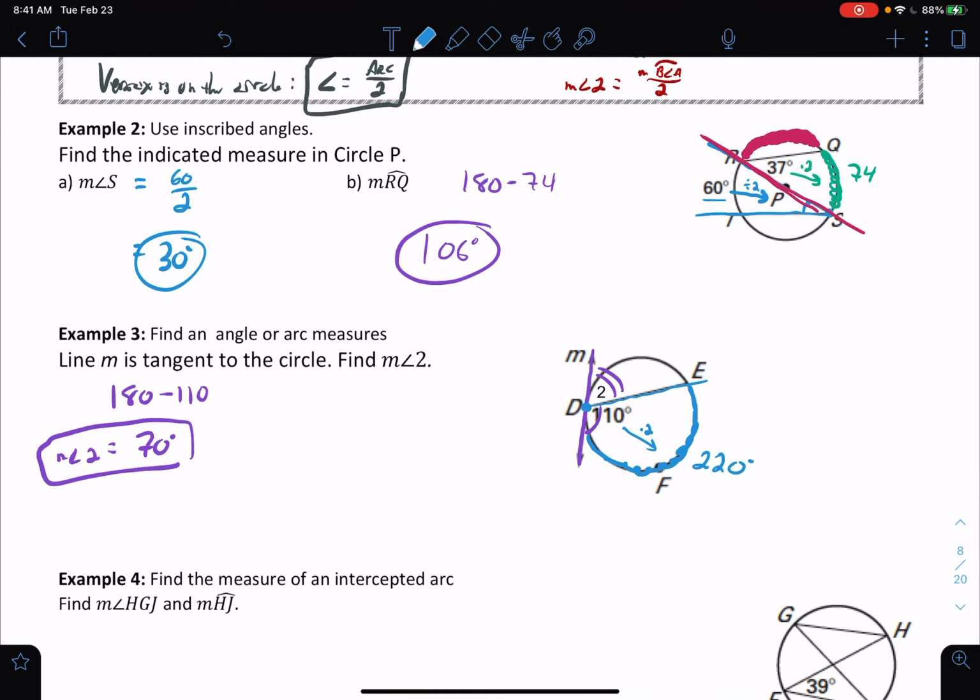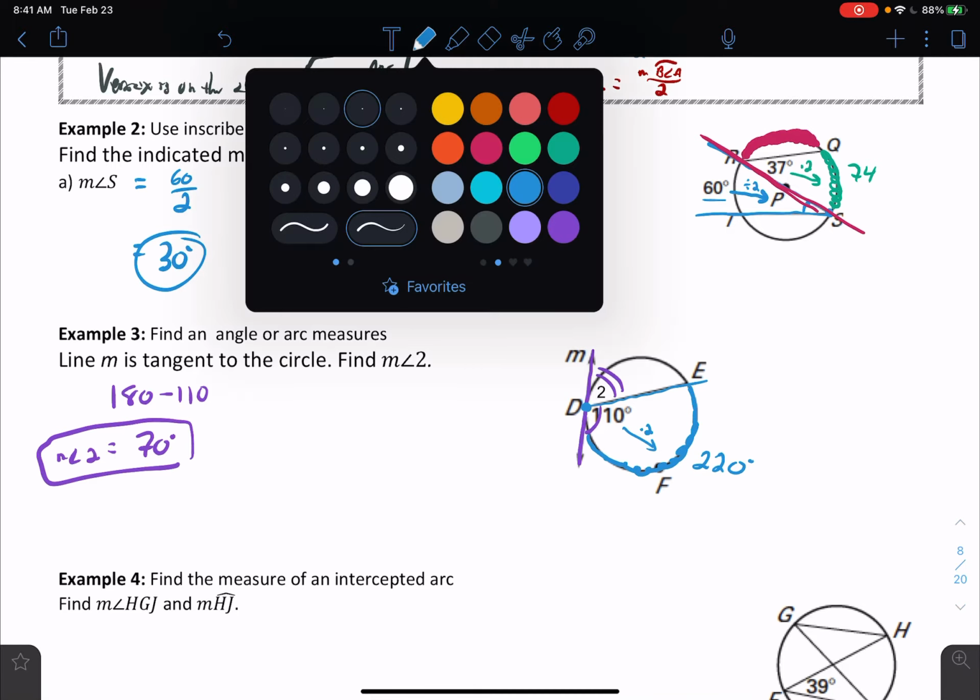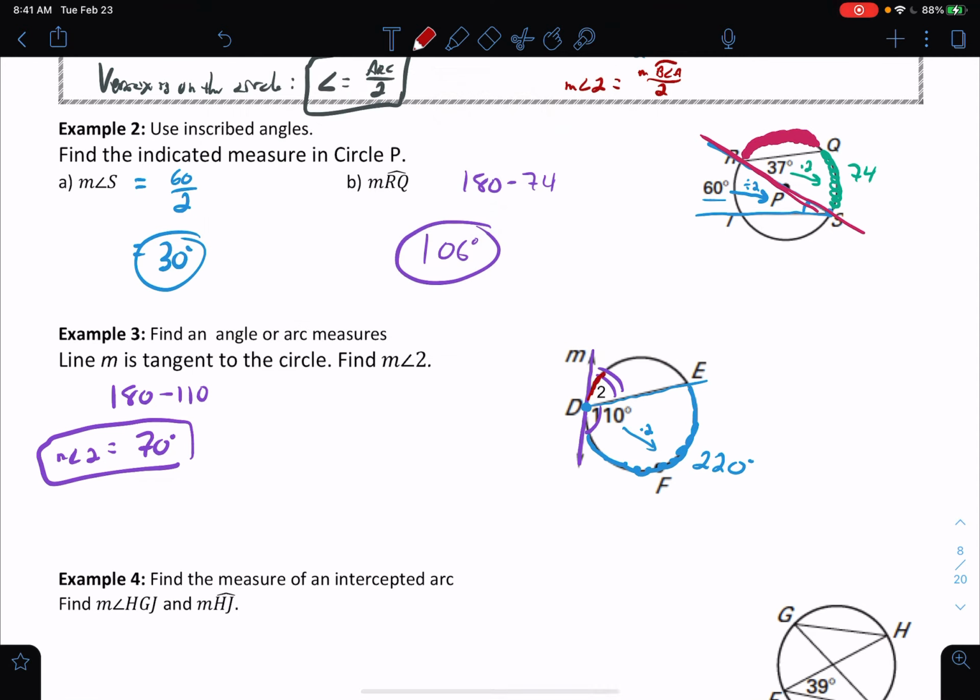If the whole circle is 360, that makes this arc over here 360 minus 220, or 140. Then to work backwards from an intercepted arc to the inscribed angle, I divide by 2, and 140 divided by 2 gives us 70 degrees.